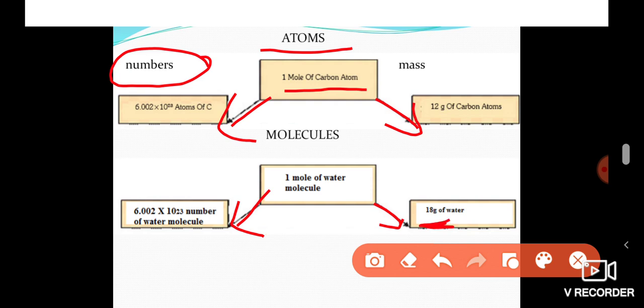Here 18 refers to the molecular mass of water. How do we calculate the molecular mass? We sum the atomic masses of the atoms present in a molecule. So water means H2O: we add the atomic mass of hydrogen and oxygen and get the molecular mass. That molecular mass is expressed in grams here.